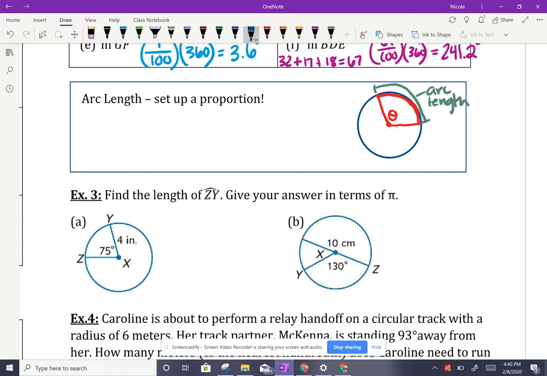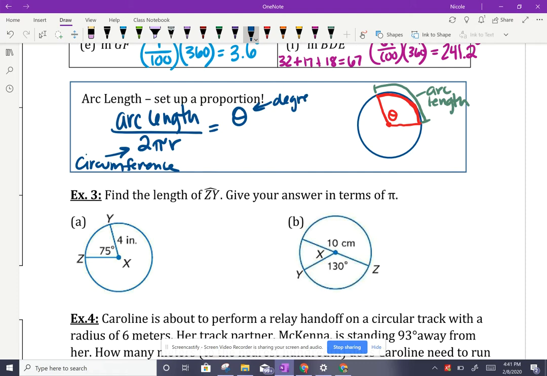In order to find that, we set up a proportion. So we have arc length over the circumference, so over the total amount. And if you do d times pi, that works too, guys. Either of the two circumference formulas is fine. With theta, which is degrees, over the whole degrees of our circle, which is 360 degrees.